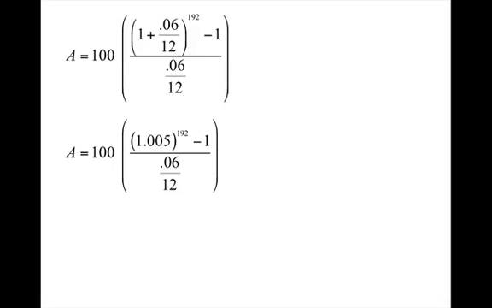So when we typed 1 plus 0.06 divided by 12, we got 1.005. Then next we raised that to the 192 power. When we raised that to the 192 power, we got 2.605. And then we subtracted 1, and we got 1.605.